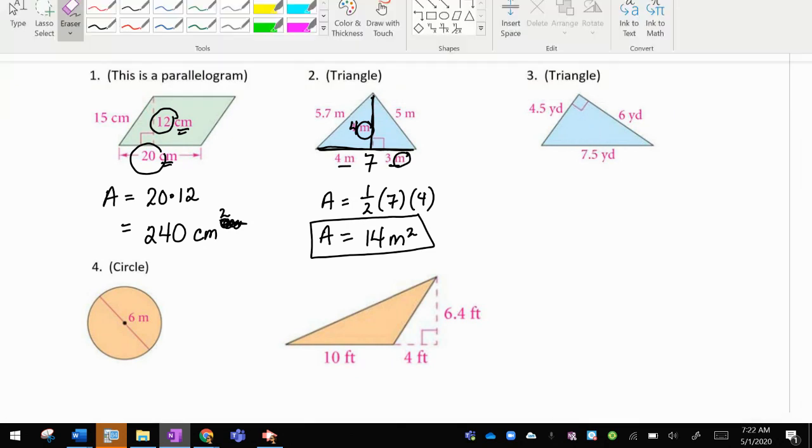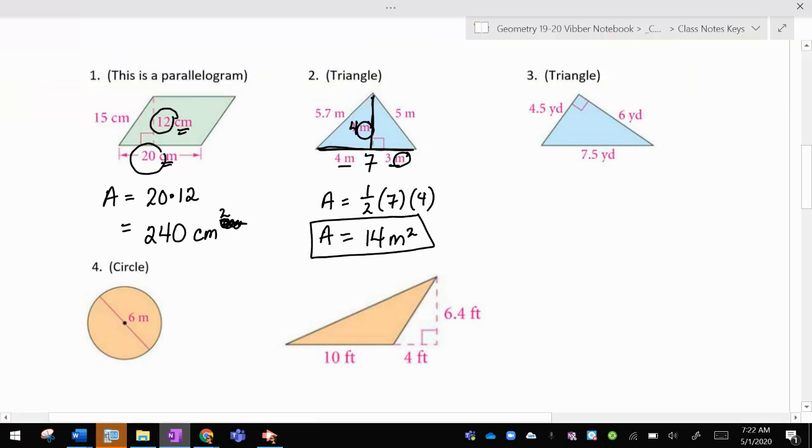And if we turn this triangle, or actually just turn our head, what I can do with this is say, wait a second, I bet I could turn this triangle like that, so that the 4.5 is the base and the 6 is the height, because I already have a perpendicular.